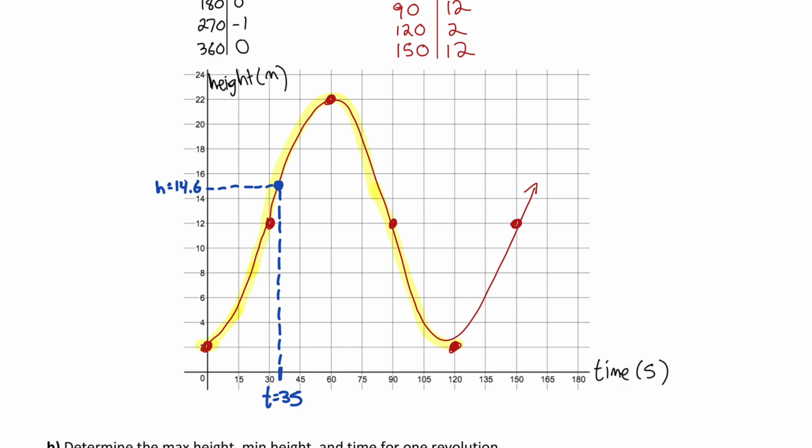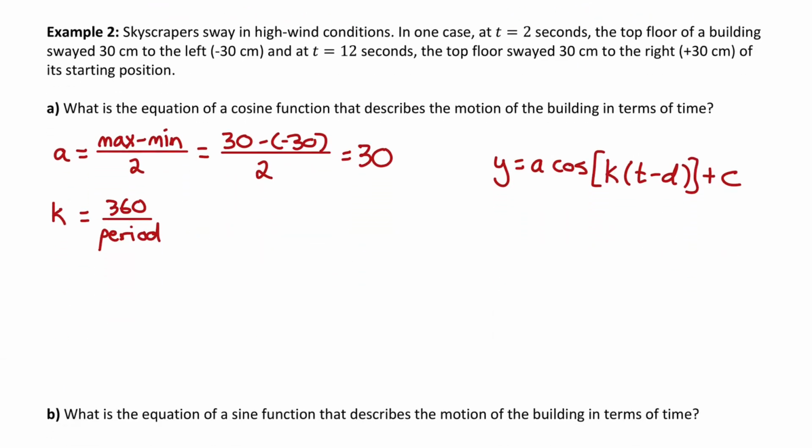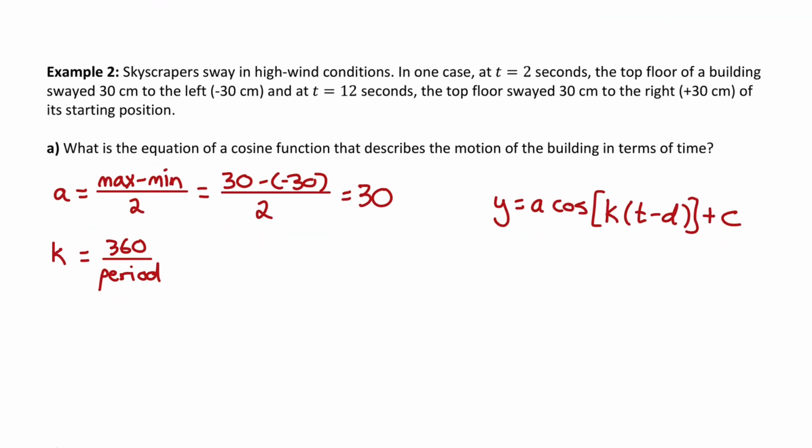So if we know the horizontal distance between the min and the max, that is only half of the period. So in this question, the amount of time between the min and the max, so between 2 seconds and 12 seconds, is 10 seconds. That's half of the period, which means the full period is 20 seconds. So the k value is 18.